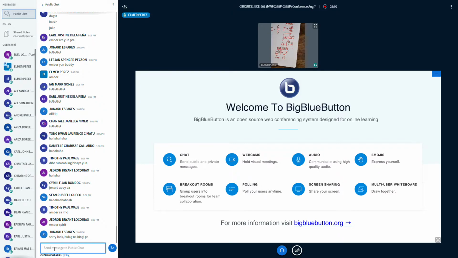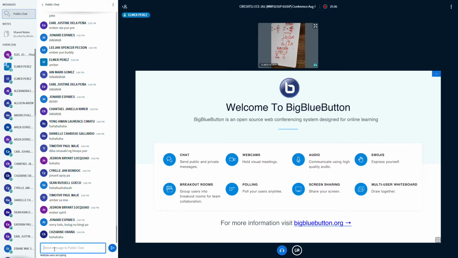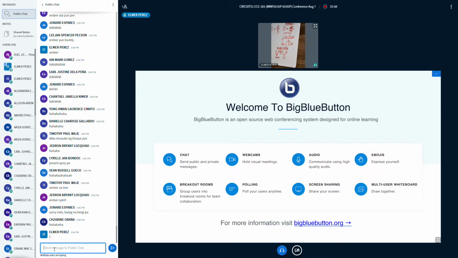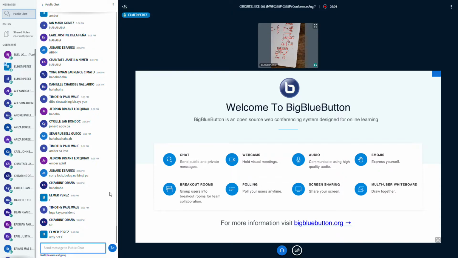Next is current. So current, ang symbol natin is I. Tingin nyo, bakit I? Why not C?